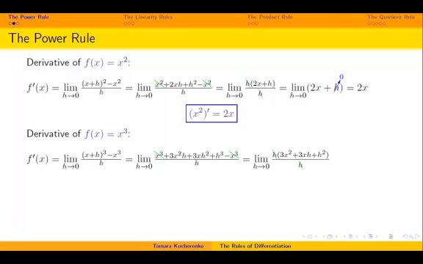Since we do not have h in the denominator anymore, we can substitute 0 for h. This nullifies h squared and 3xh. What remains is 3x squared. Therefore, the derivative of x cubed is 3x squared.